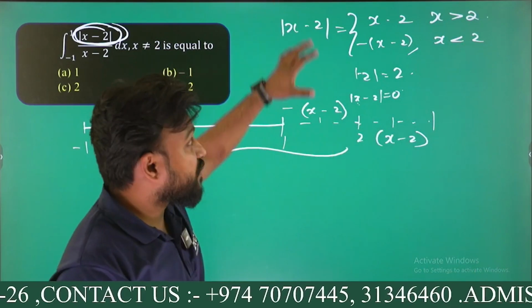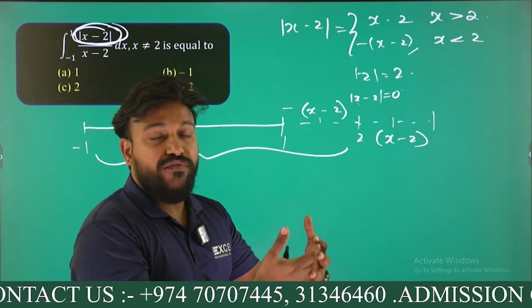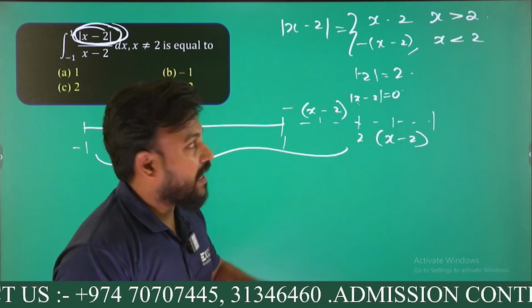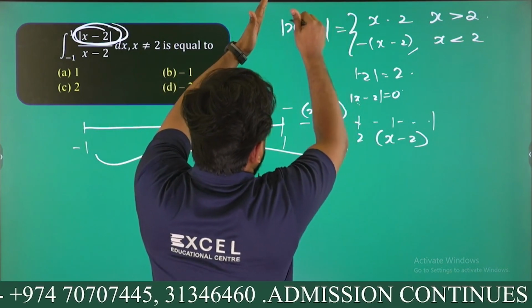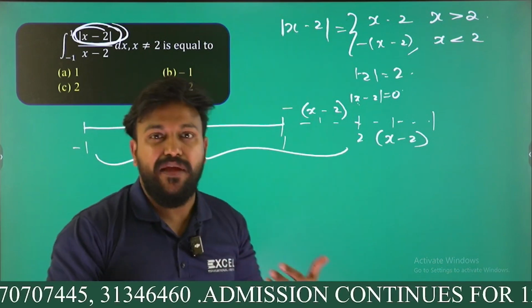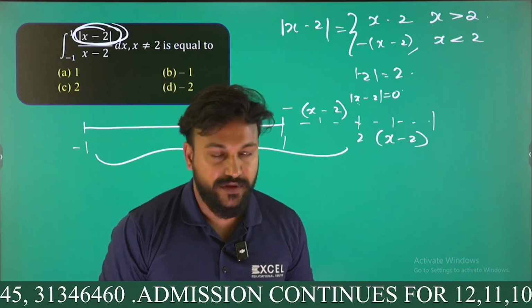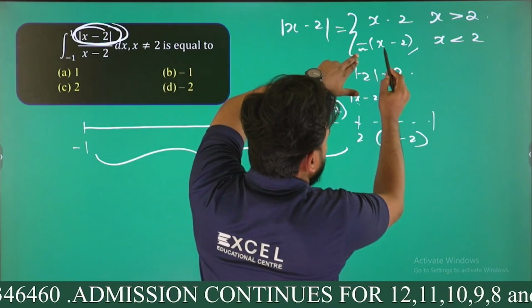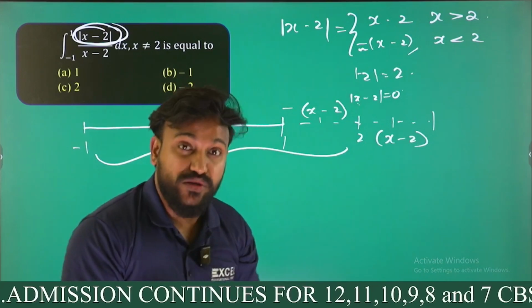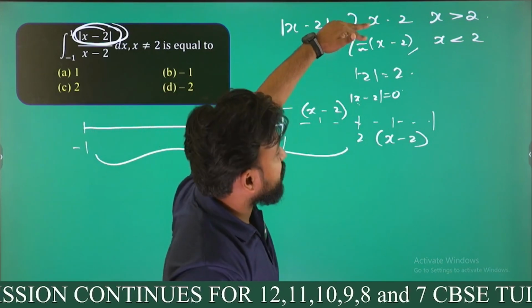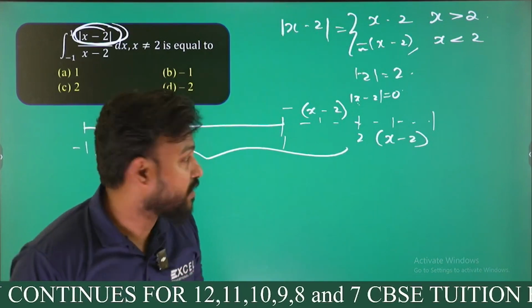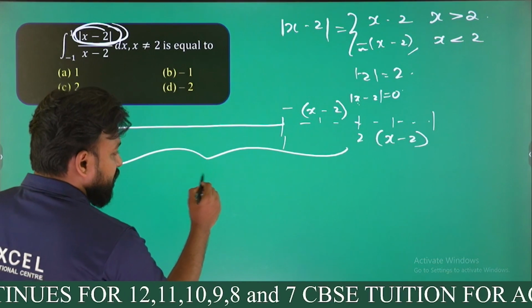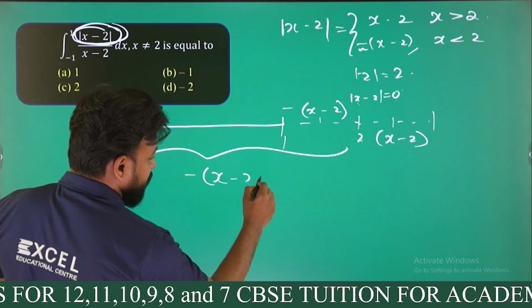Actually, the mod function is a collection of two functions. This negative is making the negative values into positive. So these two functions combined together we call mod.